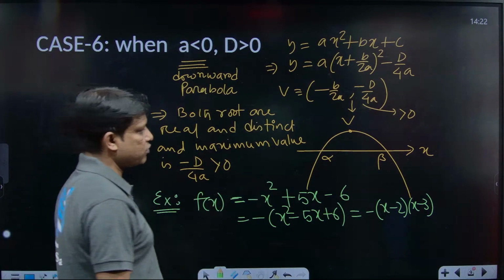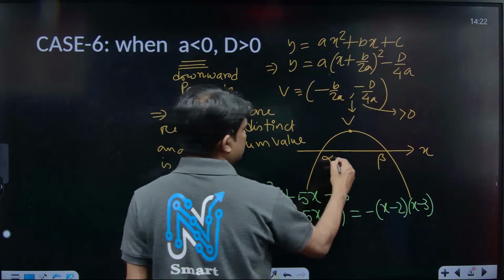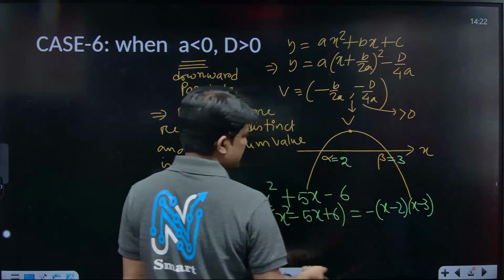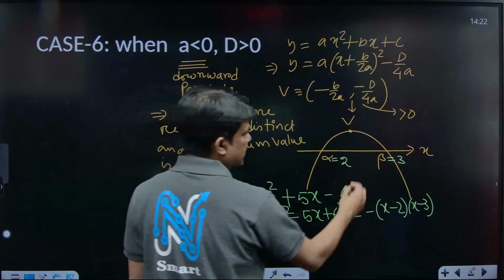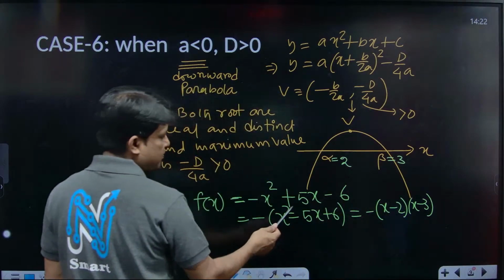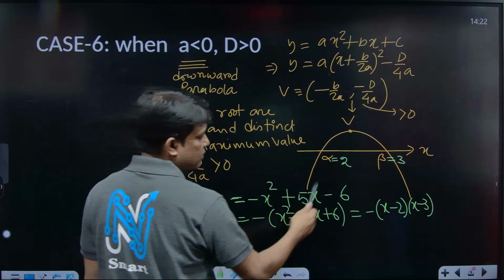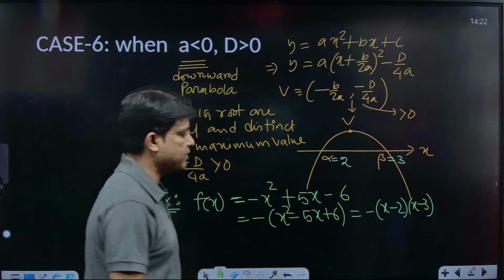So this is a downward parabola, with alpha equal to 2 and beta equal to 3. The vertex coordinate is minus b by 2a, which is 5 by 2, and the ordinate is minus D by 4a.